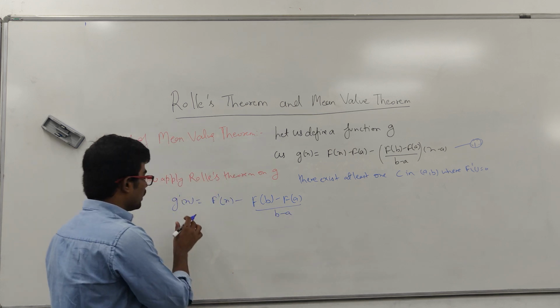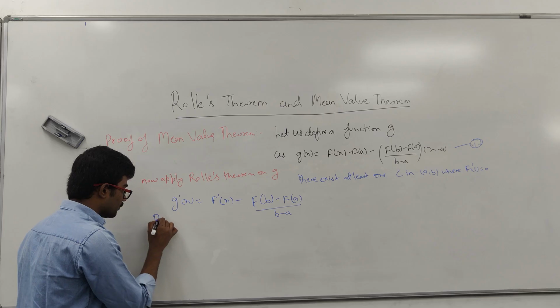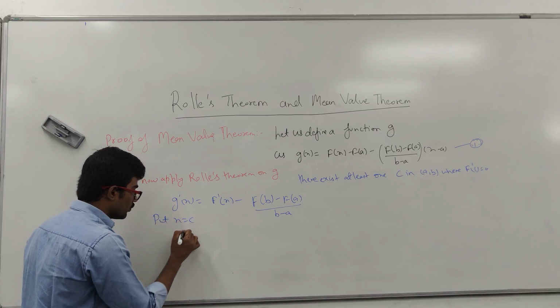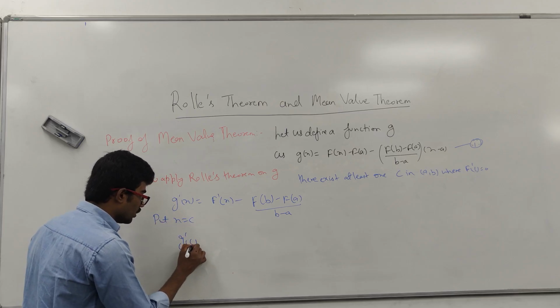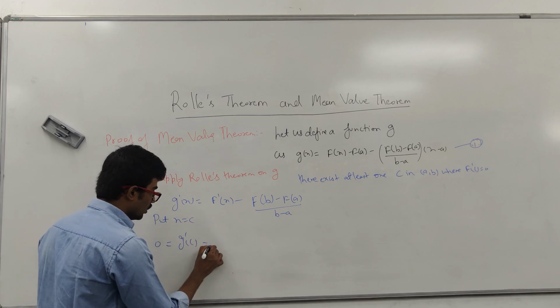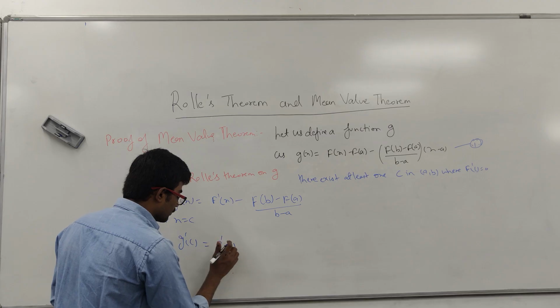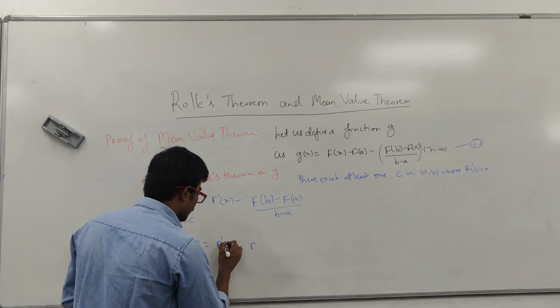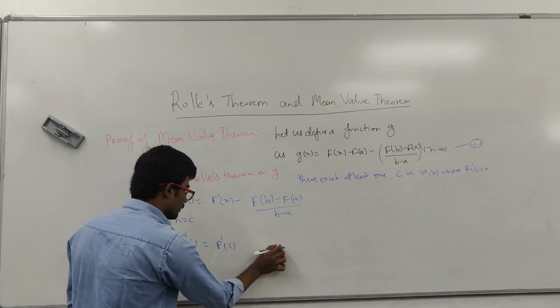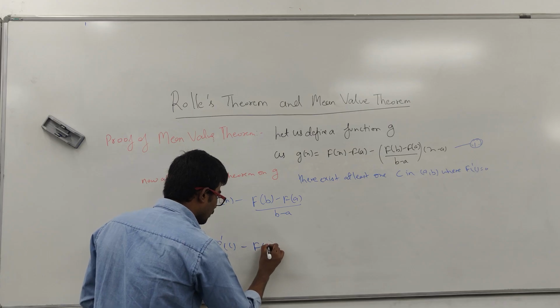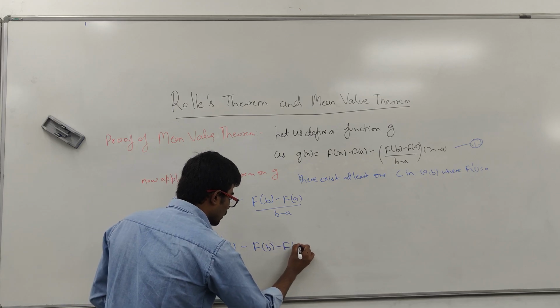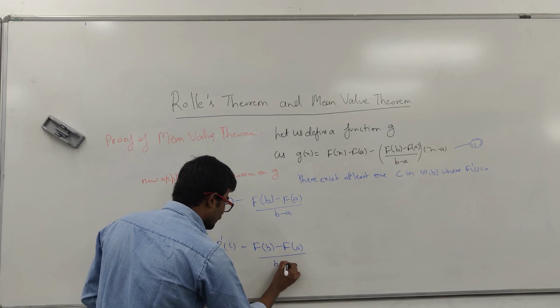Now put x equals c. So we get g'(c), which is 0, equals f'(c) minus (f(b) minus f(a)) upon (b minus a).